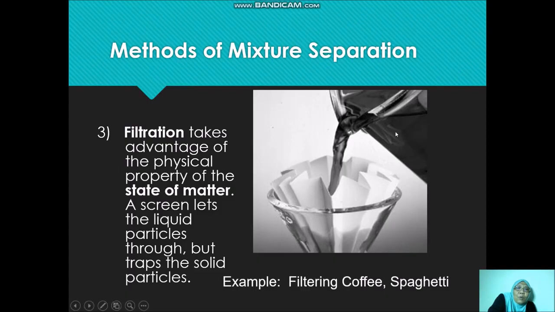The first is liquid, and the other is sediment. Sediment is a kind of solid substance living below, at the bottom. So in this case, by using filter paper, you can separate the liquid and the solid. In daily life, people use it in filtering coffee and spaghetti.